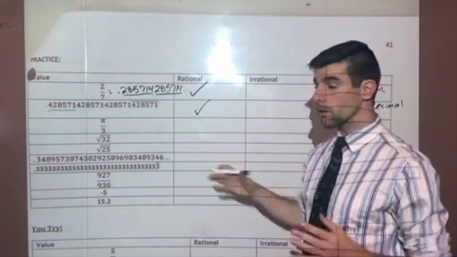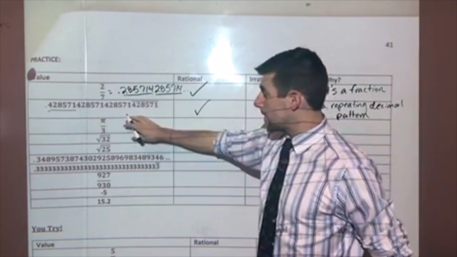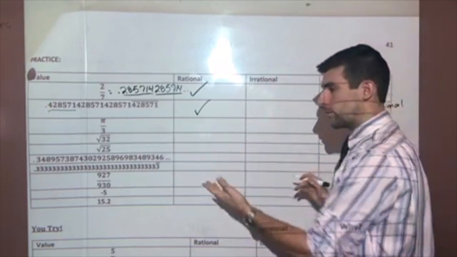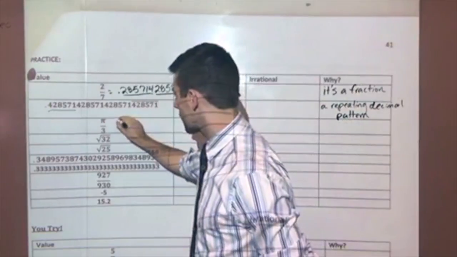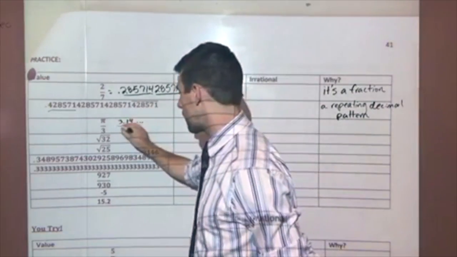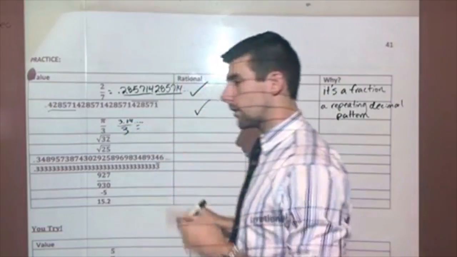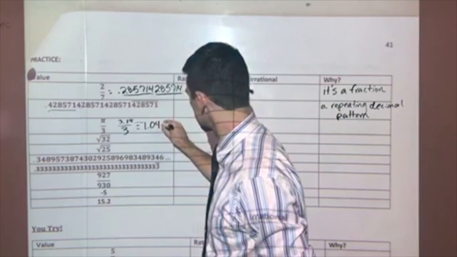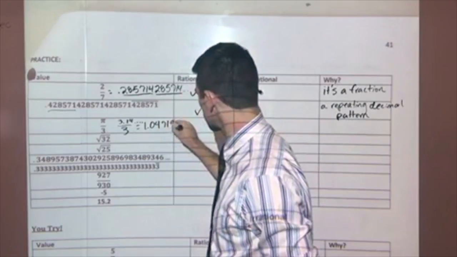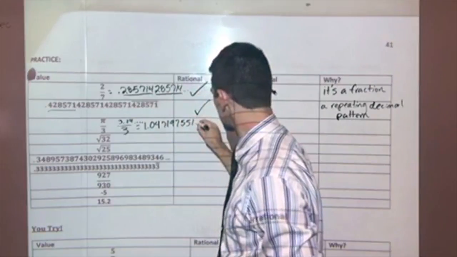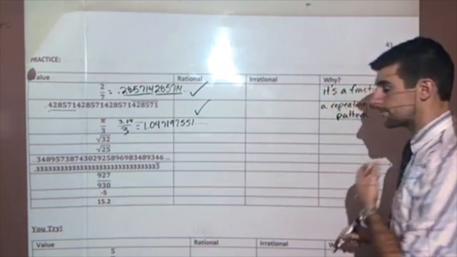Right, this one's really fun and a little bit tricky at first. It's a fraction, so your brain might go to it's rational. But if you look at what's being divided, we have pi, which is 3.14, but it's not just that, it goes on forever, divided by 3. When we divide those quantities, we get 1.0471975551 and on forever.